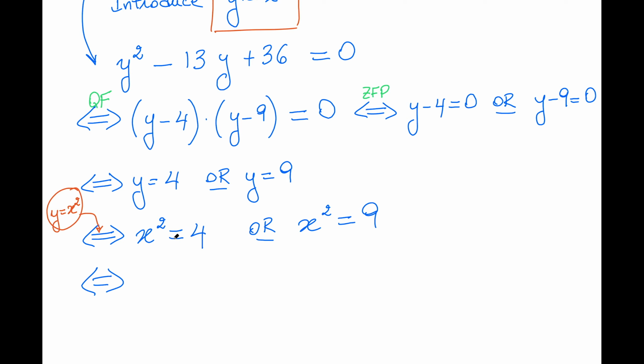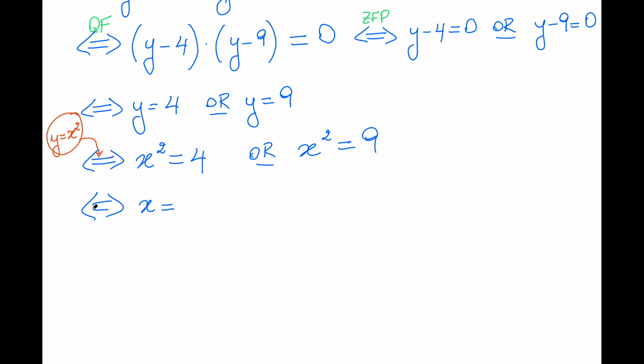So a squared equals b, and b is non-negative, is the same thing as saying that x is plus or minus square root of 4, right? Okay, let me label this equivalence for you.